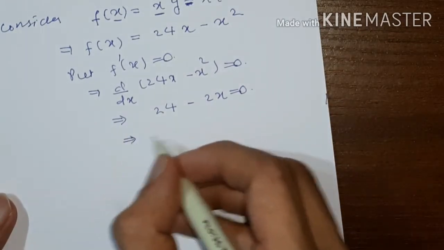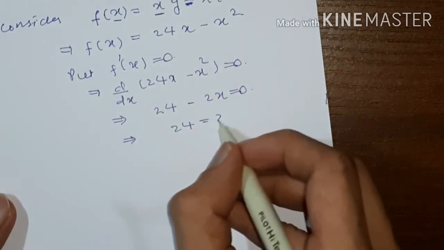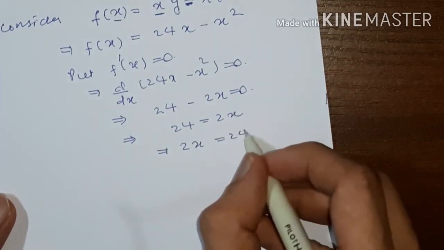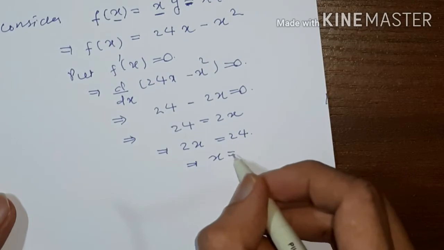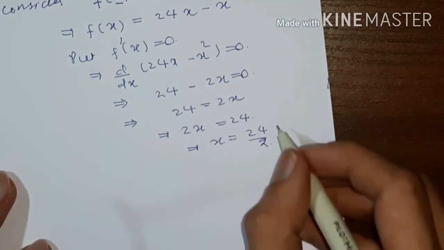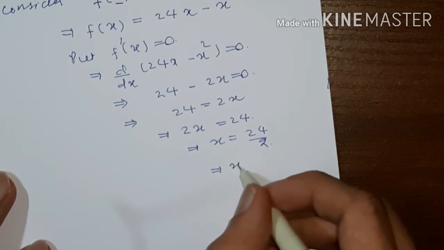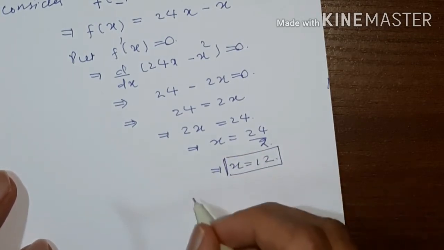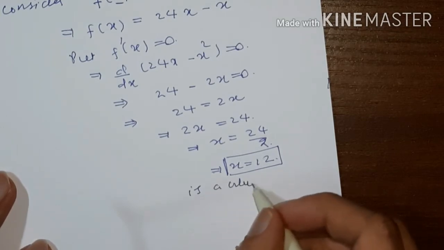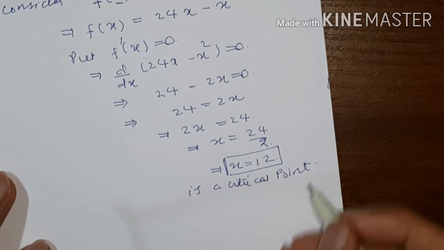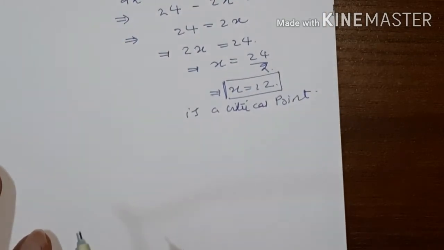That means 24 is equal to 2x, and if you divide by 2 on both sides, you get 24 divided by 2. So x is 12, which is a critical point of the function f of x.